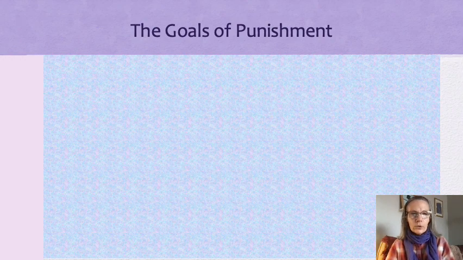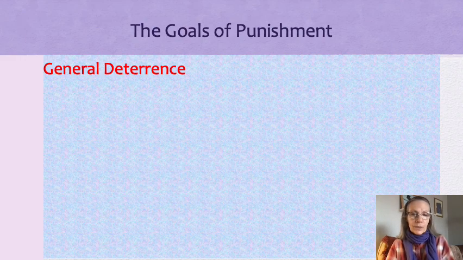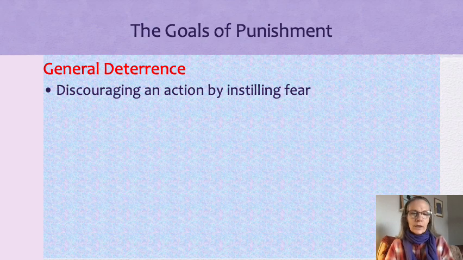Okay, so the first 2 goals of punishment that we're going to talk about are concepts that you're already familiar with, general deterrence and specific deterrence, because we learned about them earlier in the semester when we were learning about the crime control perspective. To refresh your memory, general deterrence is that you want to discourage an action by instilling fear.